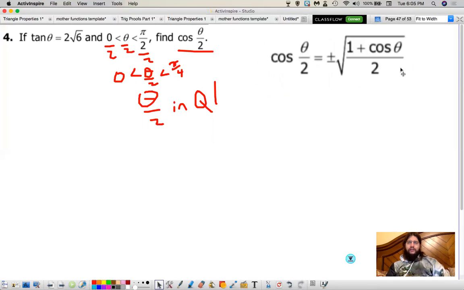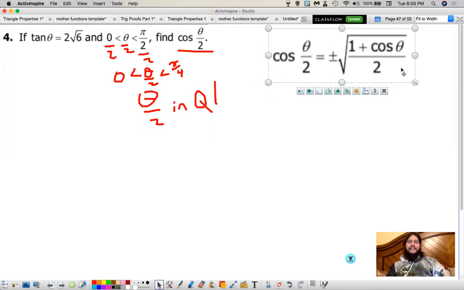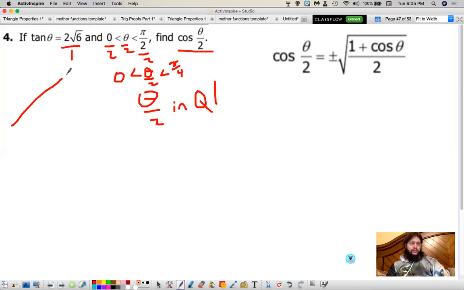This time we weren't given cosine of theta, we were given tangent of theta. So to find it, we're going to need to draw a triangle. It's in quadrant 1, so we draw the triangle for theta, not for theta over 2. Opposite over hypotenuse. So this is how I'm going to write it out.